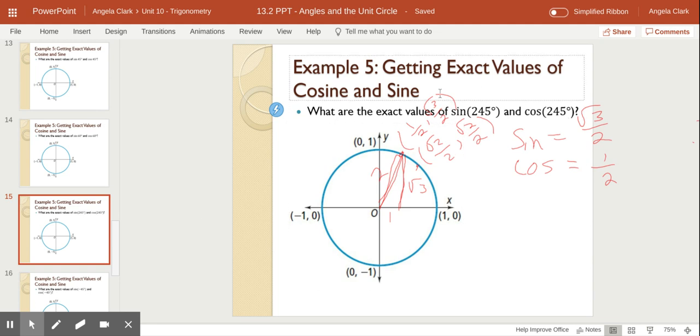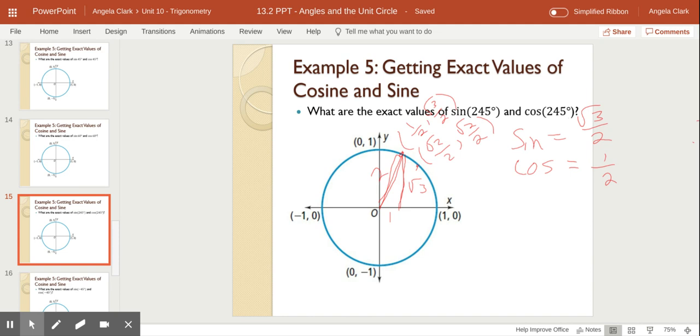All right, now what if I'm asked for 245? 245 is not in the first quadrant, so I need to figure out what my reference angle is here. I know that this is in the third quadrant. It's over here.